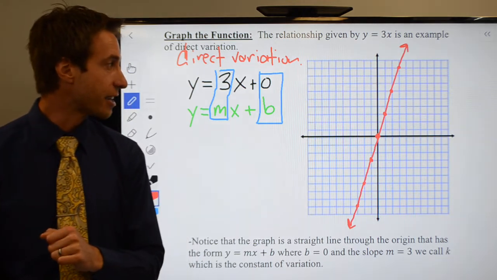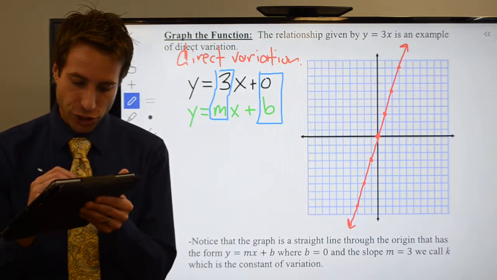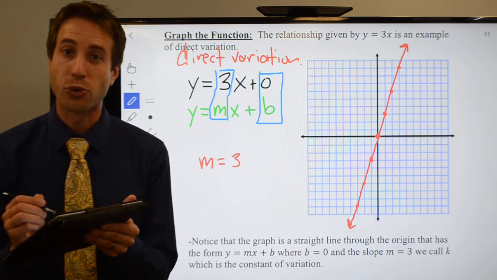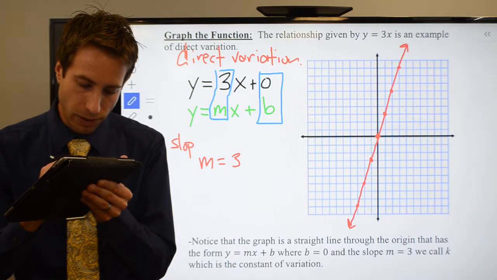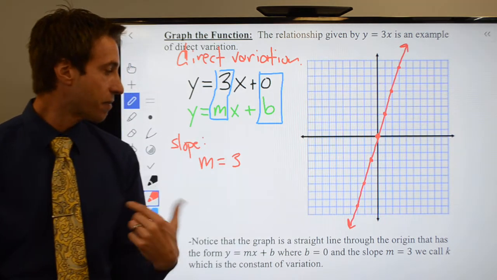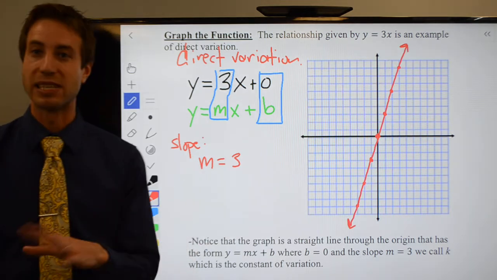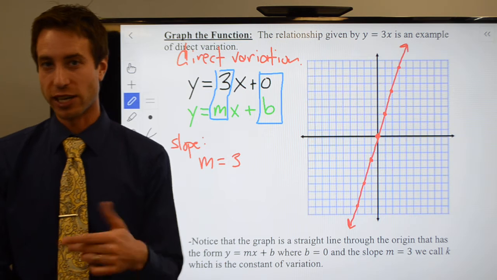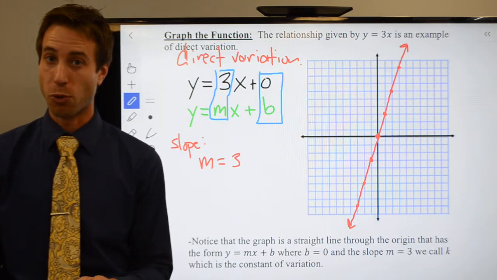What I want to talk about for a moment is this idea right here. In this function, m is equal to 3, which is what we call the slope. The slope of the line is 3, and slope is represented by an m. Well, in this section here in chapter 8, section 5, we're not going to call it slope anymore.